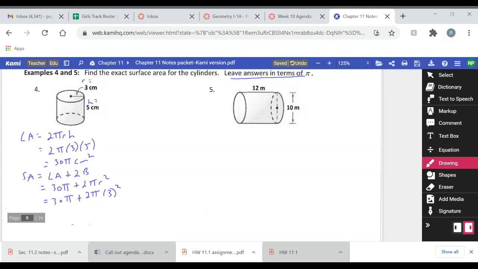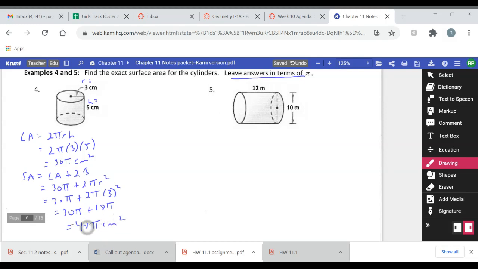For the cylinder formula, I generally plug the information right into the formula, whereas some of the prism ones and things like that, I'll do the work off to the side and then plug the number in, but that's just a matter of preference. So here I have my 30 pi again, and then plus 3 squared is 9, 9 times 2 is 18 pi. If I add those up, I get 48 pi centimeters squared.